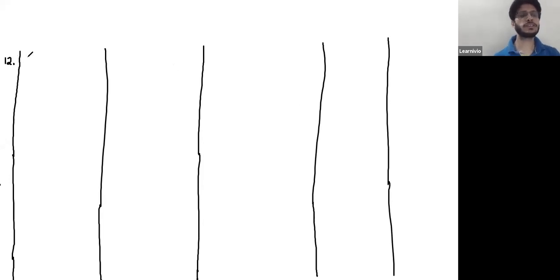Okay, the next is, after strain, the next is heat. Heat is easy. Heat is a type of energy. So what is the unit or dimensional formula of energy? I've written it earlier, similar to that of work.